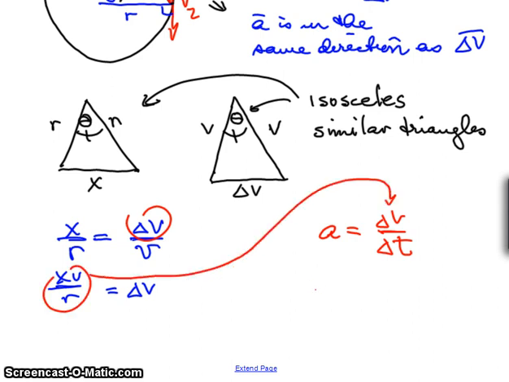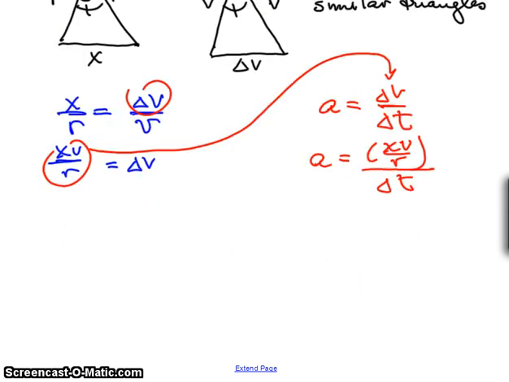Some practical geometric properties of the rotation. And so I've got xv over r, all over delta t. And then we get a equals, I'm going to drop the r down.